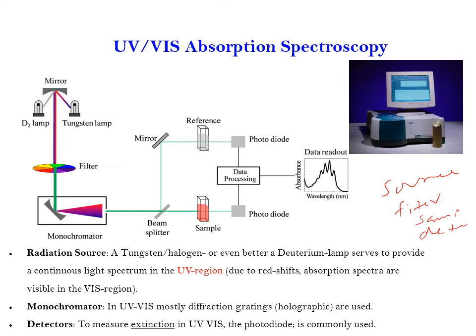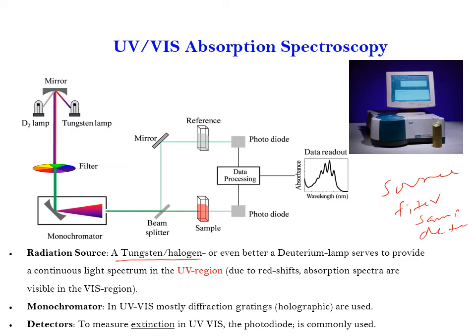The other is the monochromator. In ultraviolet visible spectra, mostly a diffraction grating or holographic grating can be used. This diffraction grating will disperse the light that comes from the tungsten halogen or the deuterium lamp.